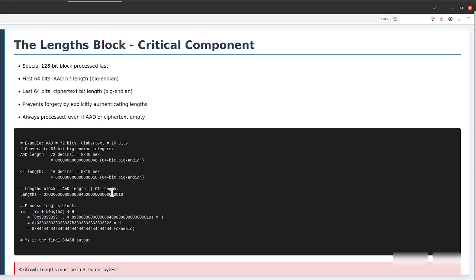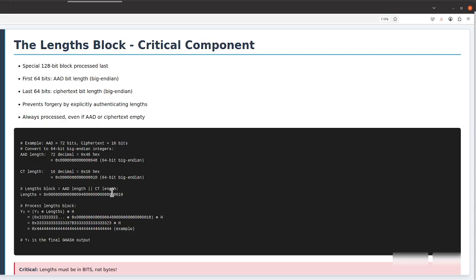Let's break that down. 72 in decimal is 0x48 in hexadecimal. As a 64-bit big Endian value, that's 0x00...48. Similarly, 16 in decimal is 0x10 in hexadecimal, which as a 64-bit value is 0x00...10.